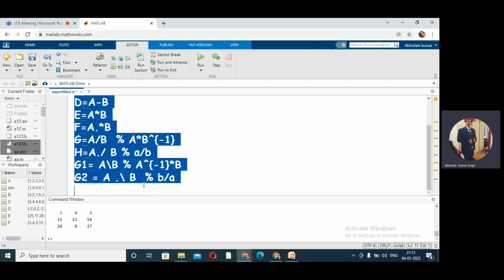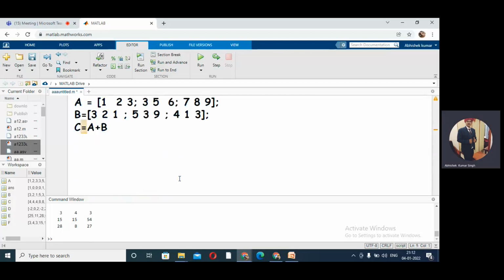For that, we have the determinant command, det of A. D equal to det of A, that is the determinant of A. If I run this, I can see the determinant is -6. So when the determinant is non-zero, we can have the inverse of the matrix.